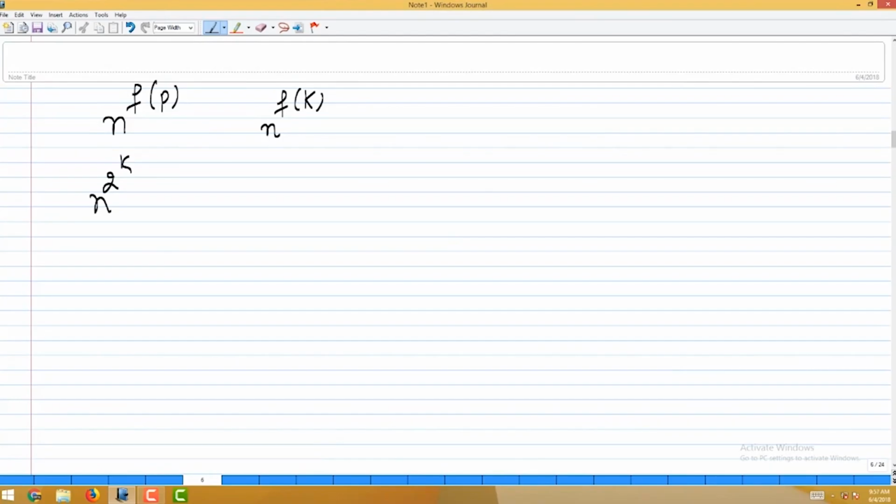Can you give me a polynomial time algorithm for vertex cover when k is equal to 10? So I'm looking for a vertex cover of size 10 in the graph. You can give me a polynomial time algorithm of this form also. The graph has n vertices, and I'm looking for a vertex cover of size 10.